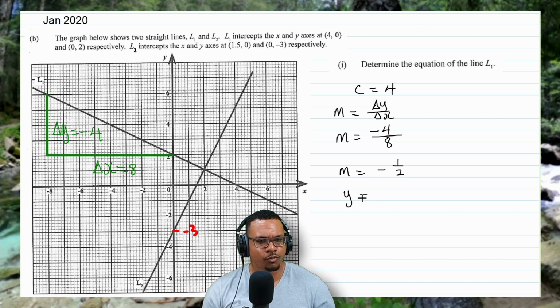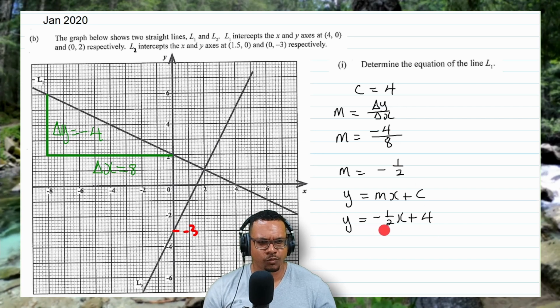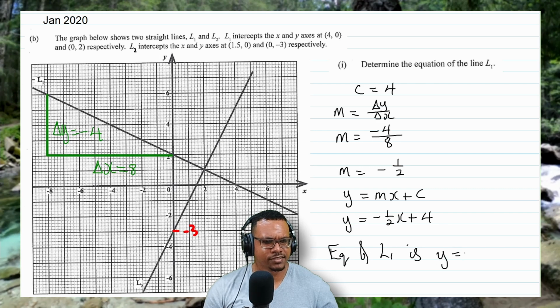So my equation is in the form y equals mx plus c. Let's replace the m and c. So m with -1/2 and c with +4. And this will be the equation of line 1. So my equation of line 1 is y is equal to -1/2 x plus 4.